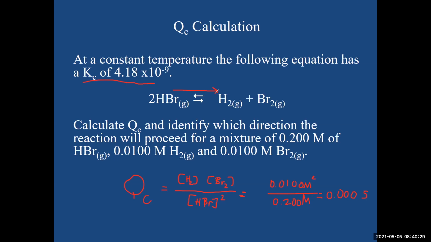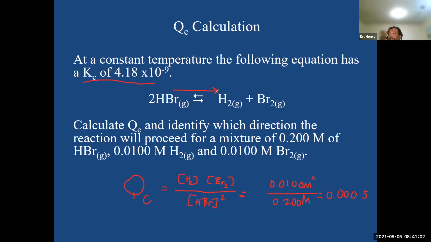So right now we're favoring that reactant component, because the reactant is more abundant initially.